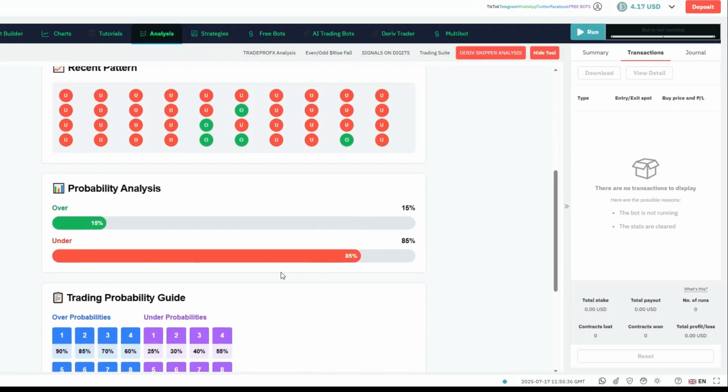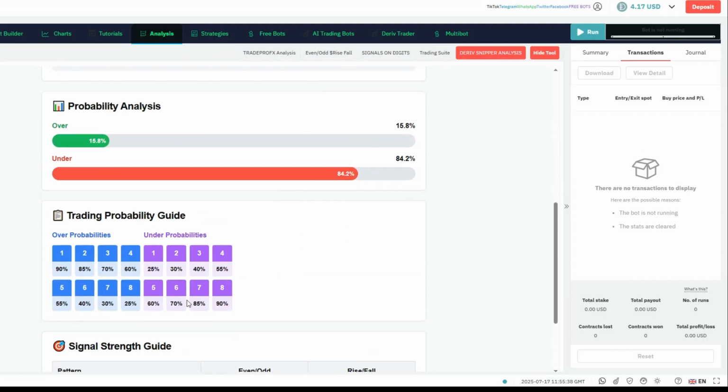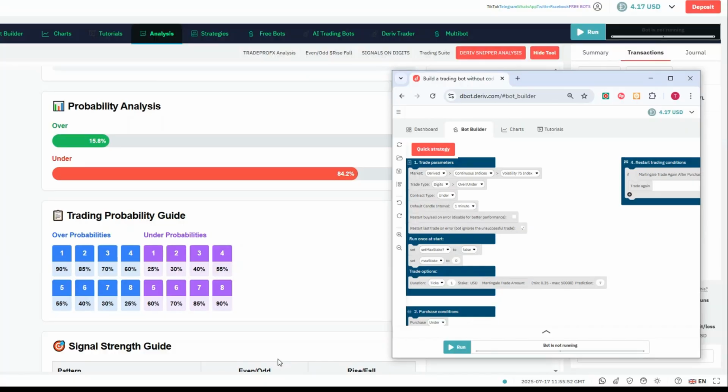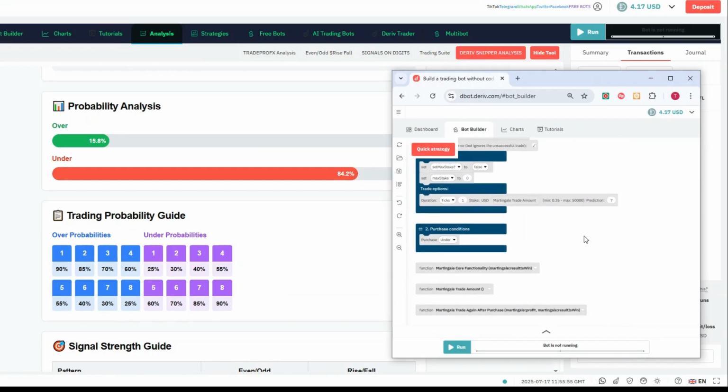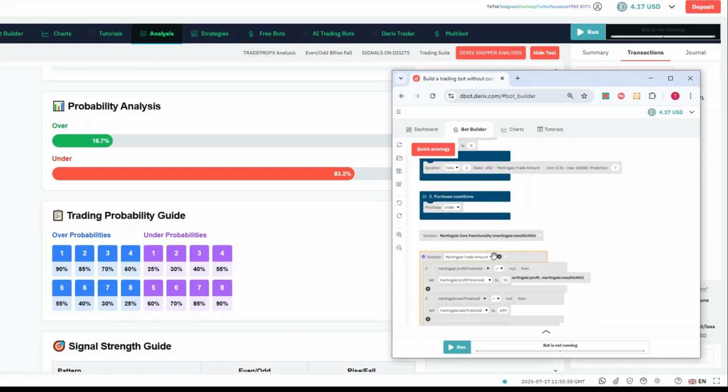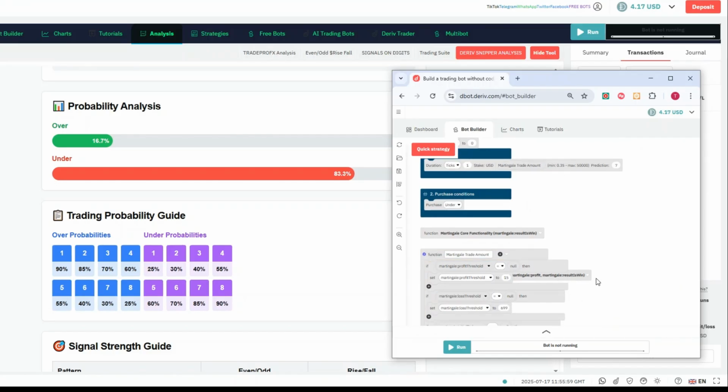So look at this trading guide. Anytime it says if you want to trade under 7, look at it when it is at 85%. Look at this price here, 85%. You can run your bot. So let's try something there. Let me first look at the trading amount, which is the stake.